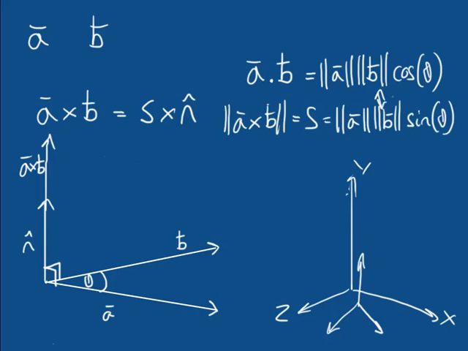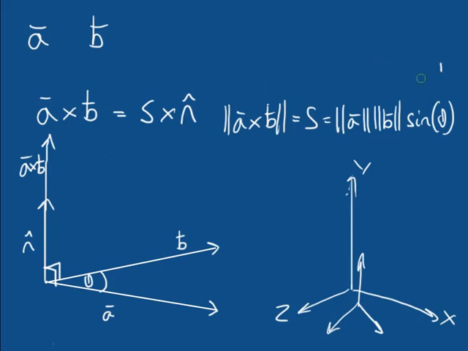So these two are very similar. The dot product deals with the length of A, length of B, and the cosine of the angle. The length of our cross product is the length of A, the length of B, and the sine of our angle. So knowing this, we could actually rewrite, I will erase the dot product so we don't confuse anyone, because we're not dealing with the dot product here, we are dealing with the cross product.